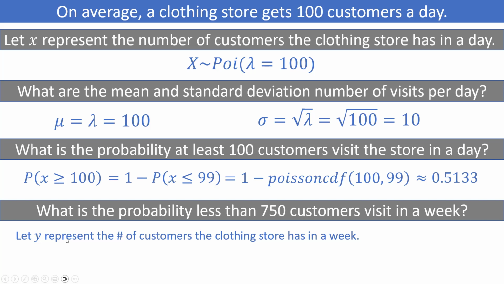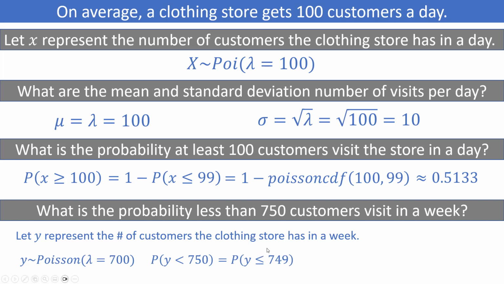We can let y represent the number of customers the clothing store has in a week. If we know that on average we get 100 customers in a day, then we know that we are going to get an average of 700 customers in a week. So we can say that y follows a Poisson distribution with a lambda value of 700. We are asked for the probability that y is less than 750, which is the same thing as the probability that y is less than or equal to 749.